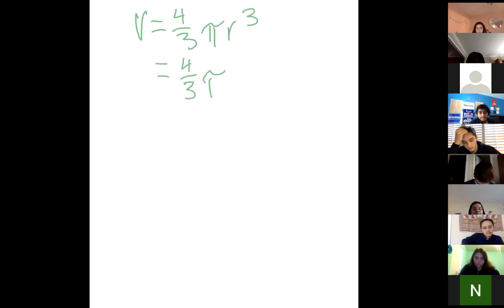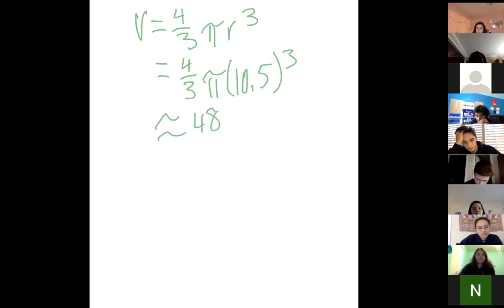So the volume is equal to 4/3 pi times 10.5 cubed, which is approximately 4,849.05 centimeters cubed.